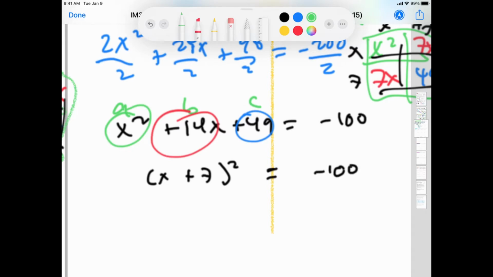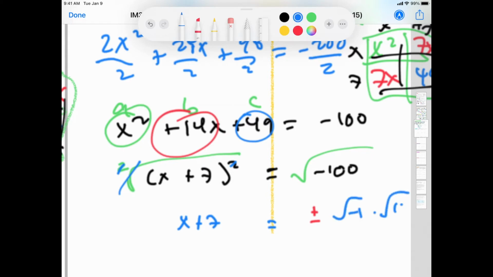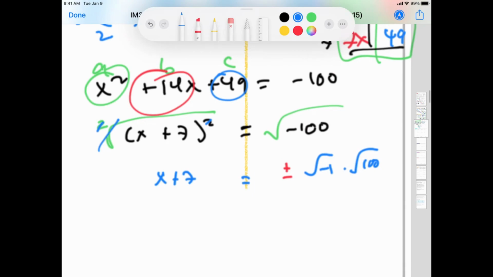Now it's isolated, so we could do the square root method. Those are gone. Remember, this breaks down to the square root of -1 times 100, which is 10i.